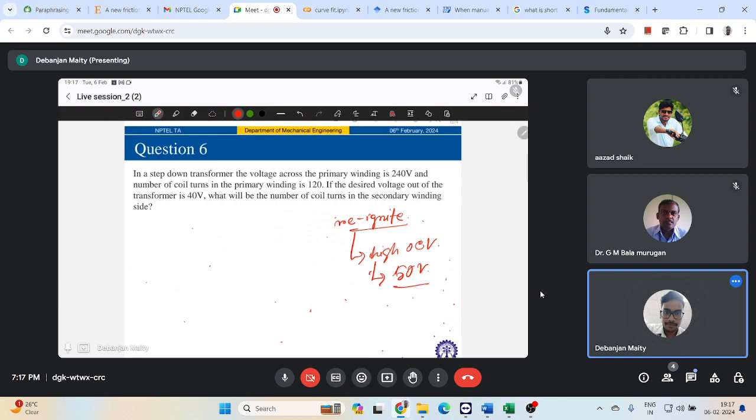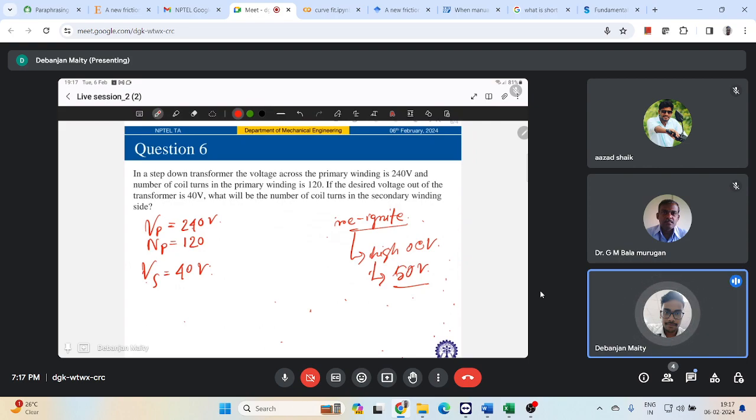So V primary is 240 volt and the number of coil turns is 120. Now I want a desired voltage out of the transformer which will come out from the secondary winding, that I want 40 volt.